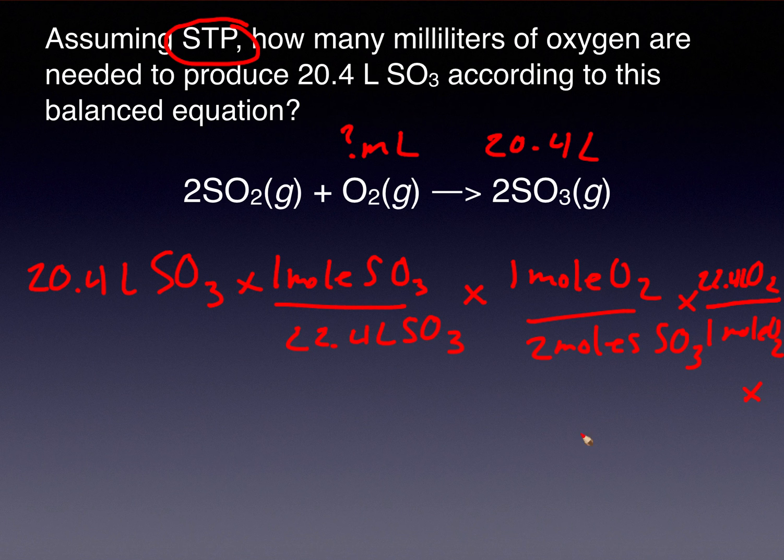And then the last step, we want to go to milliliters of O2. And we know in 1 milliliter, we have 0.001 liters of O2.